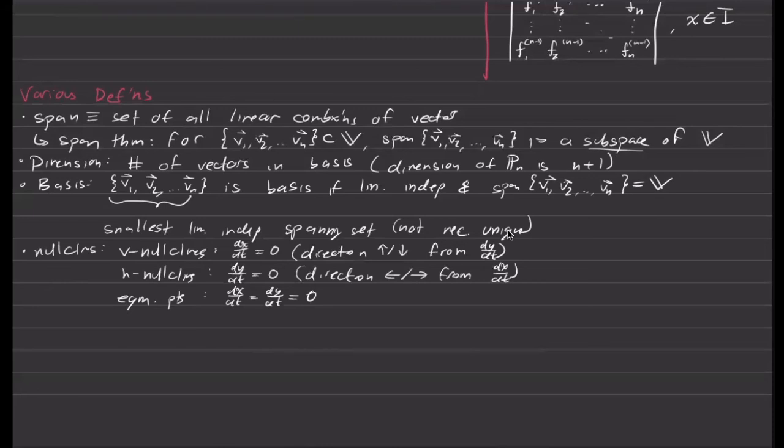Last two definitions: column space and null space. Column space is just the span of your column vectors.